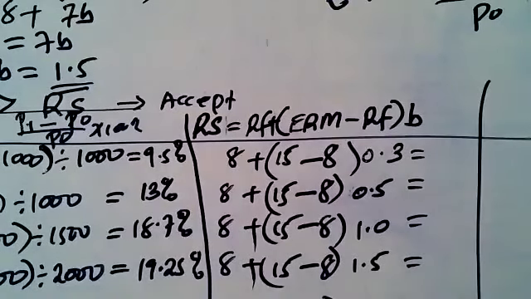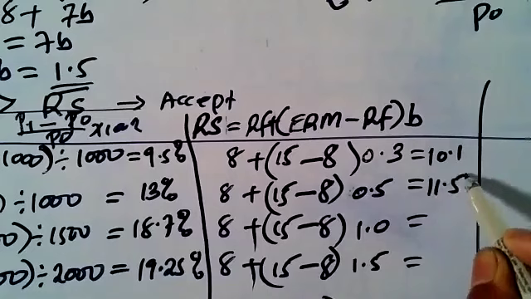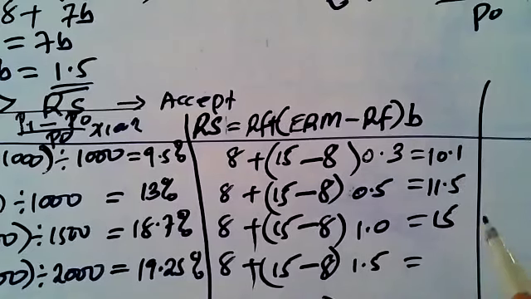So we get that. This is 10.1, this is 11.5, 15, 18.5, 22.